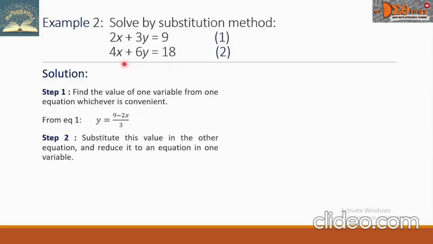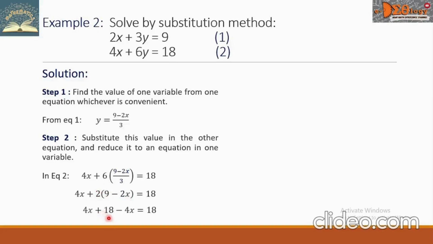So equation 2 is 4x plus 6y equals 18. The value of y here we will change in here. So equation 2 becomes 4x plus 6y, and 6y is now changed into 6 times (9 minus 2x) all over 3, then equals 18. The denominator 3 here can be cancelled out with the number 6. So it becomes 2. Then we multiply this 2 to the 9 and to the negative 2x.